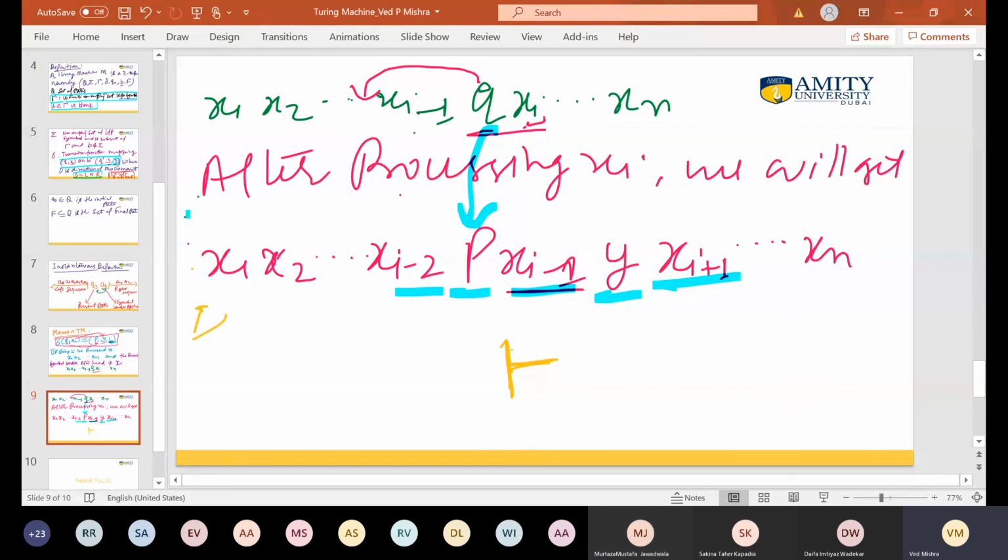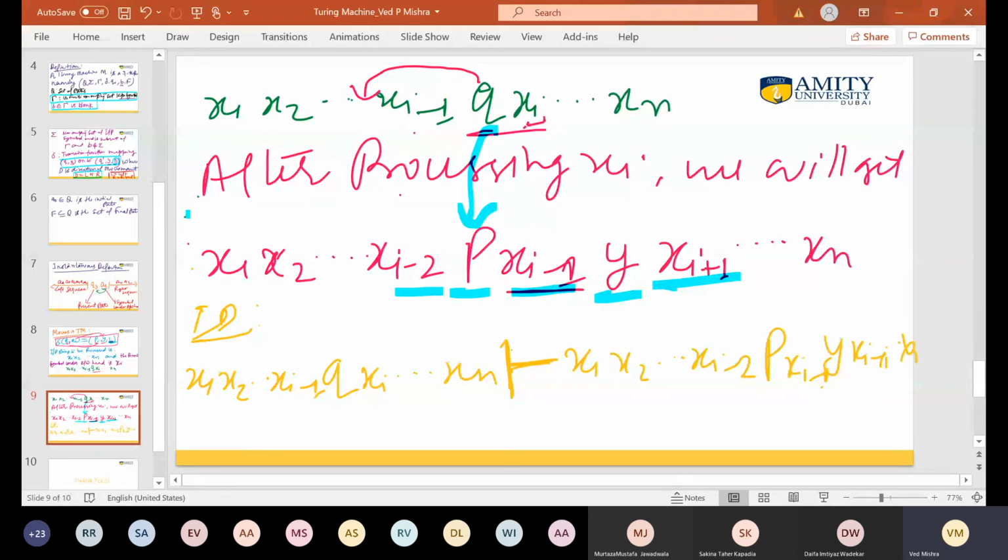So in the form of an ID, you will write x1, x2 till xi minus 1, q, xi till xn is becoming x1, x2, xi minus 2, p, xi minus 1, y, xi plus 1 till xn. So we will use this move symbol.